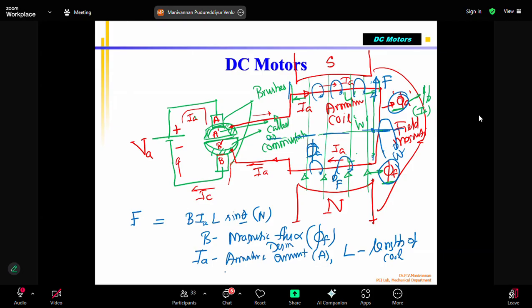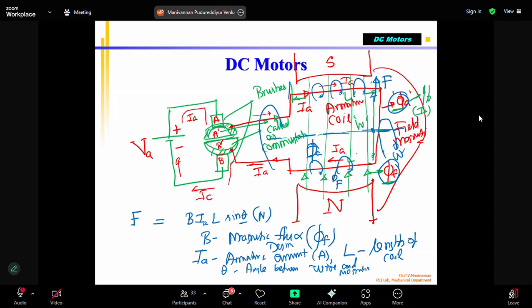Okay. So theta is the angle between the wire and the magnetic flux. Magnetic flux is going like this. This is current. The wire is like this because the current is moving in that. So you can see that this coil can rotate, correct? As it rotates, the angle varies.